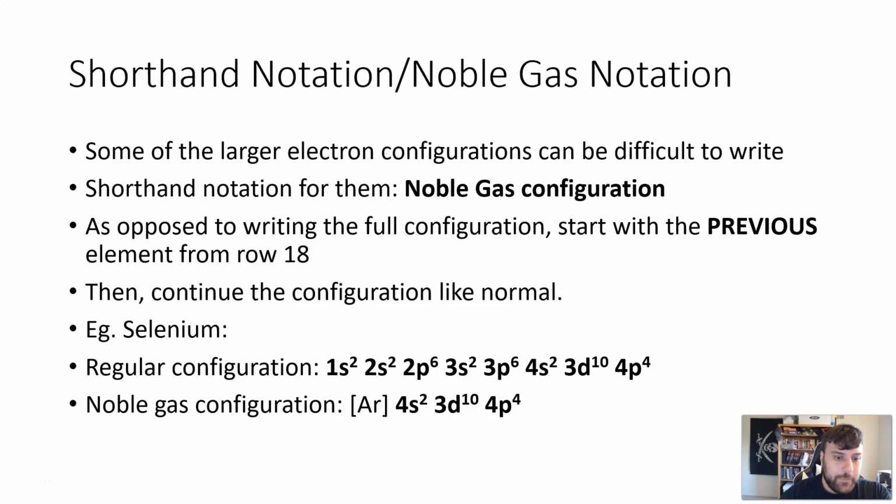So argon, 4s2, 3d10, 4p4. And I know that this is the configuration of some atom after argon. And I can count, okay, there's my 2 for the s block, there's my 10 for the d block, which means I'm 4 into the next p block. Okay? It saves time, it's much easier to do, and it's much easier to identify.